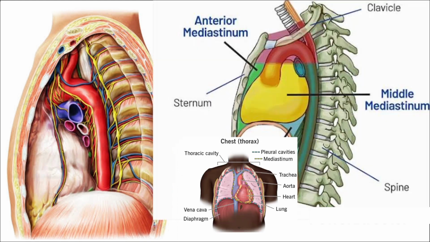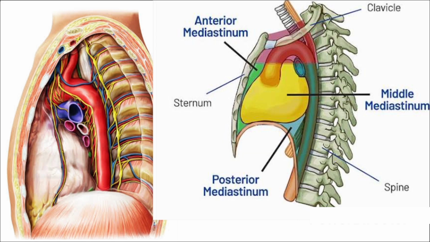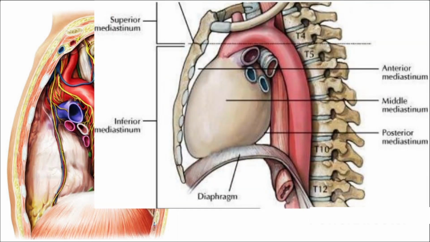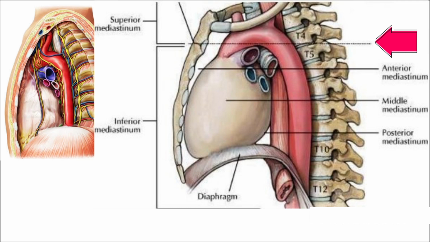Now let's learn about the division of it. How it is divided. Okay. The mediastinum is divided by an imaginary horizontal plane extending from sternal angle to lower border of fourth thoracic vertebra. Okay.